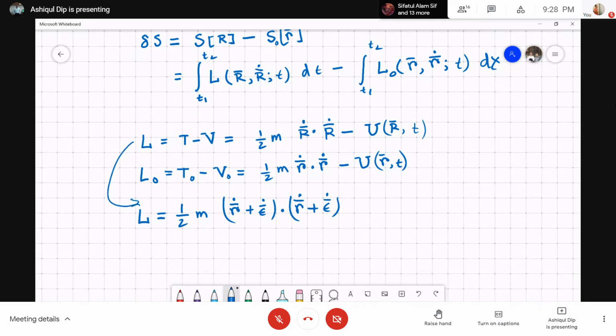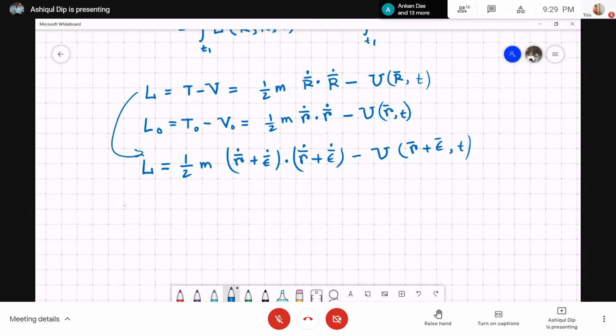Here, minus U of small r plus epsilon, comma t. We can write it like that. Okay.